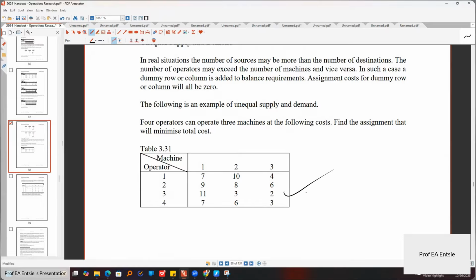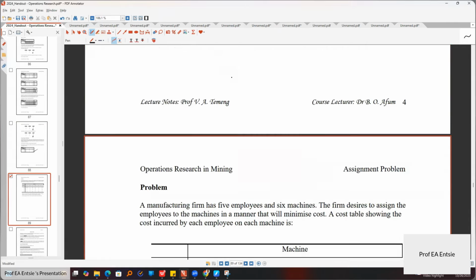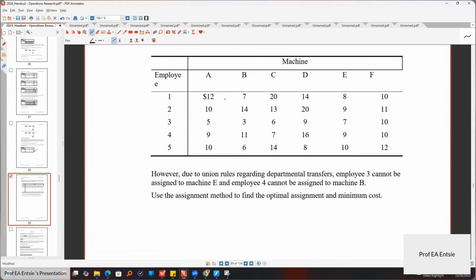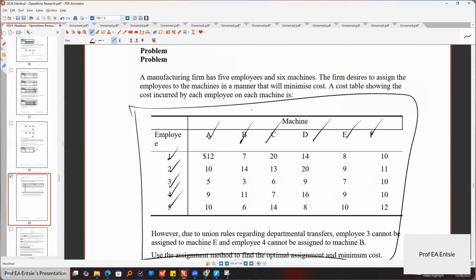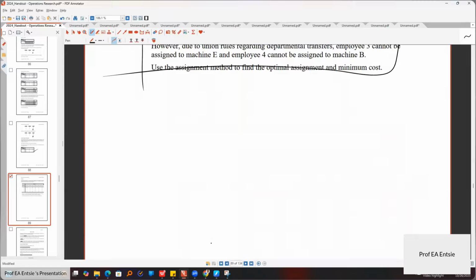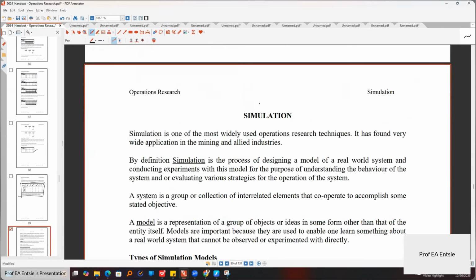Now we had $18. So you can try this one for yourself. This one too is unbalanced because you see one, two, three, four, five, six, and there is only one, two, three, four, five, and it's not balanced. So you need to add a dummy.